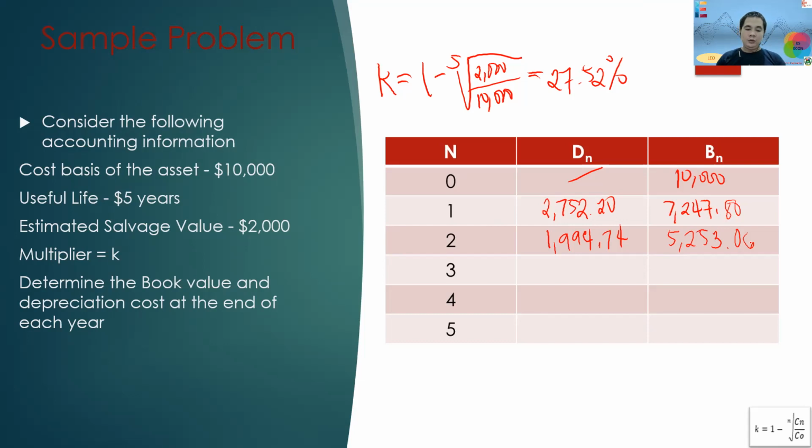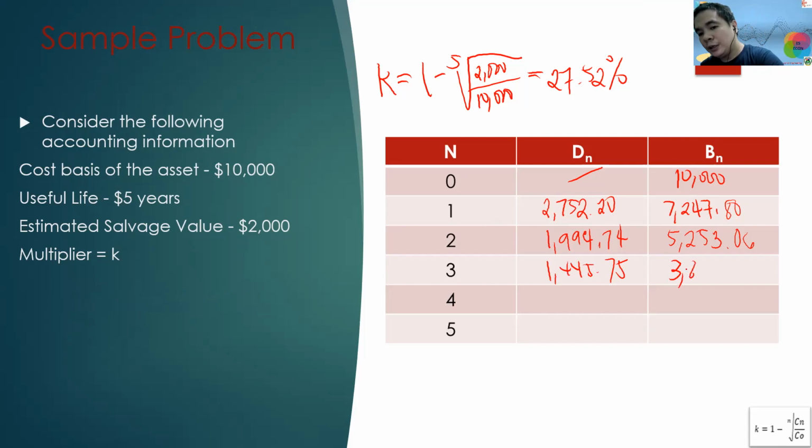Okay, so this is 1,445.75. This is 3,807.08.